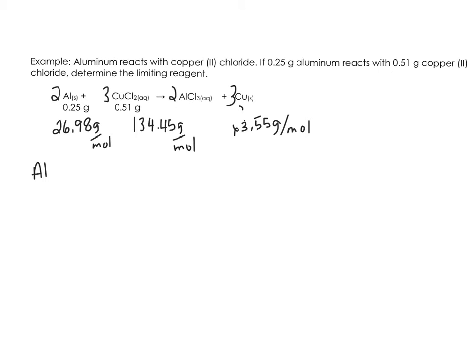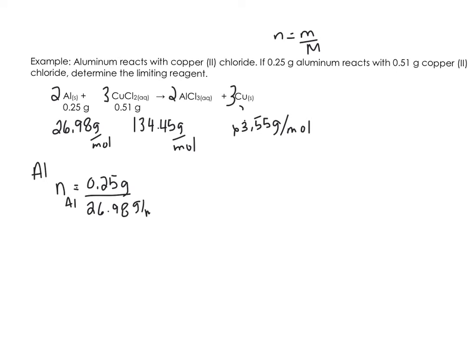All right, so aluminum. Moles of aluminum is the mass divided by molar mass. So 0.25 divided by 26.98.